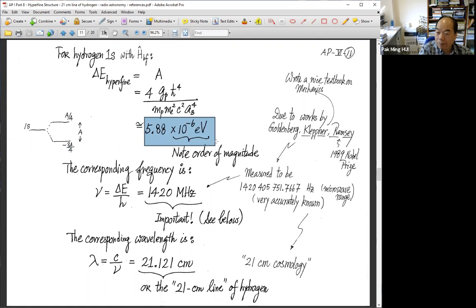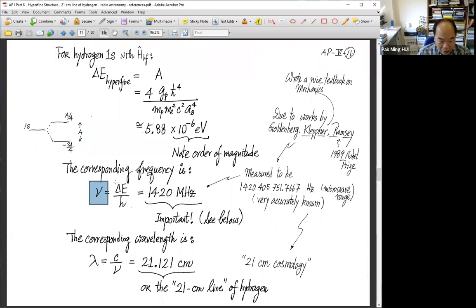And energy can be represented as a frequency, because if there are light or photons of this frequency around, the hydrogen atom will absorb it and excite itself from here to there, okay? And then later on, because it is higher energy, it will be de-excited and give out the photon. So it will be nice to look at what it is in terms of frequency.